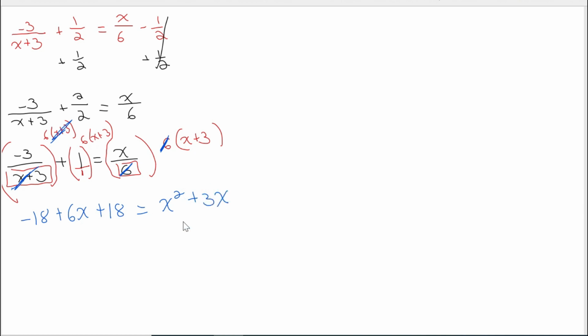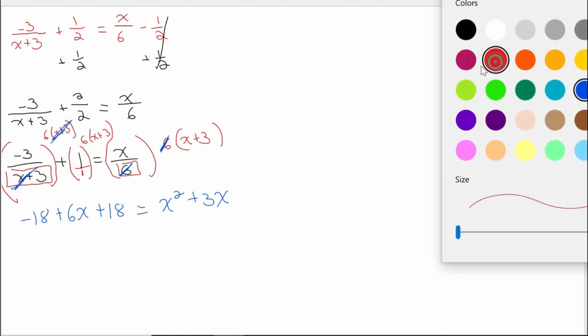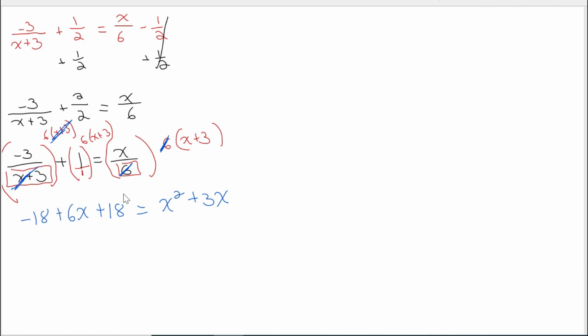If you don't understand it, that's fine, because I don't think you guys know this technique. So now I'll look for like terms. I'll use a different color. So I notice that negative 18 plus 18 will eliminate. So now I have just 6x on this side equals x squared plus 3x.